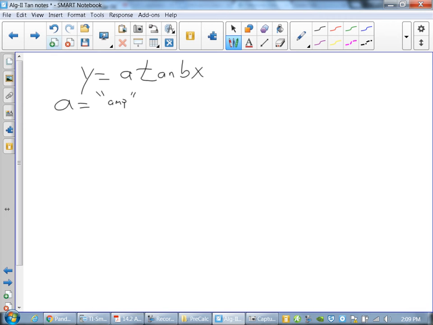Think of this point as where it changes direction. So it's a direction change. So it's our amplitude-ish. Is there anything else you could call that? Yes, it's the scaling. It's how high up or how close to the origin it changes direction at that point. The B value still allows you to find your period.